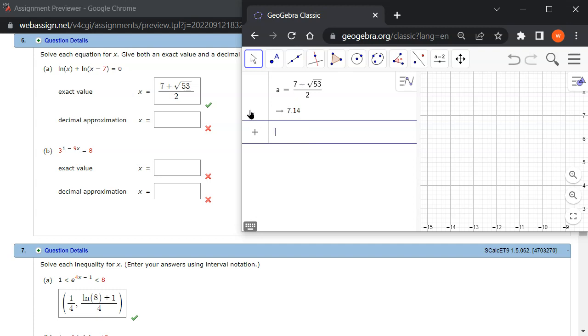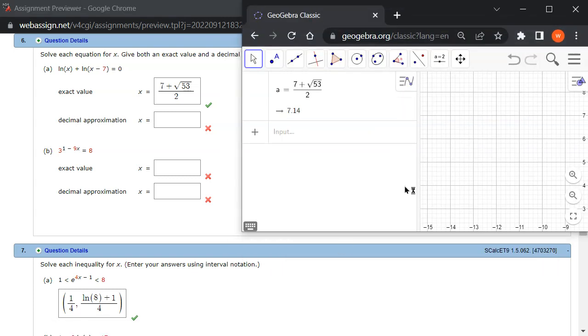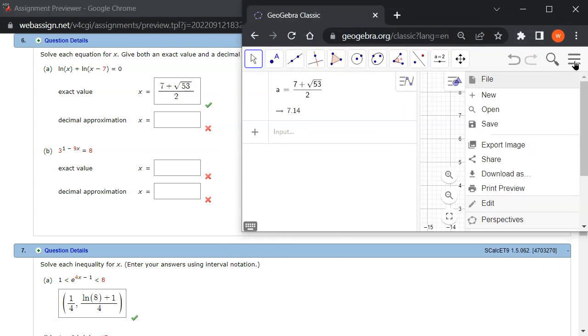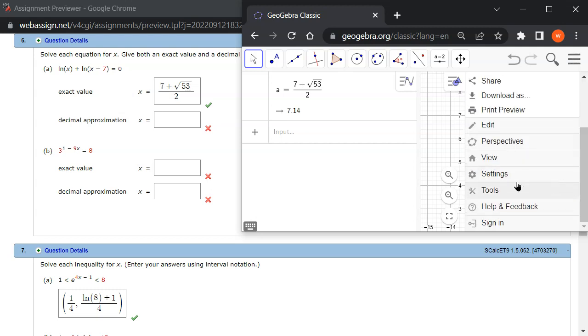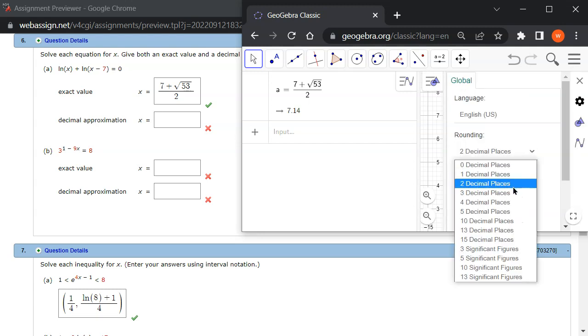How many decimal places do they need? They need 3 decimal places. So I'm going to have to change it. Here's a setting down here for 3 decimal places.